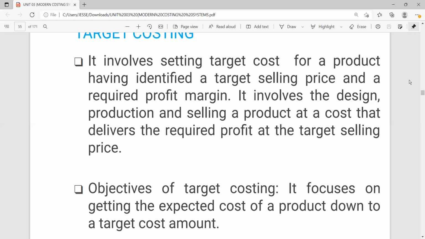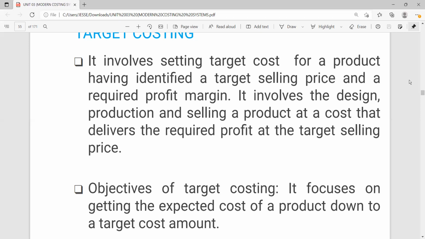It involves the design, production, and selling of a product at a cost that delivers the required profit at the target selling price, right? So with target costing, you're able to deliver a product at a cost that is able to generate the profit that you want at the target selling price.